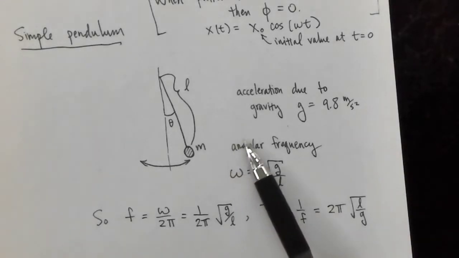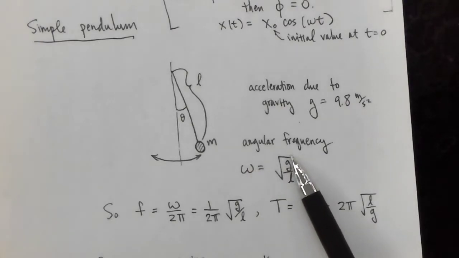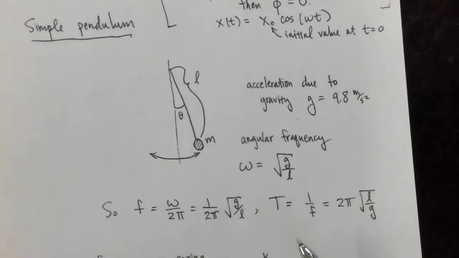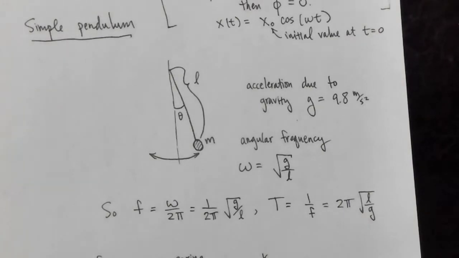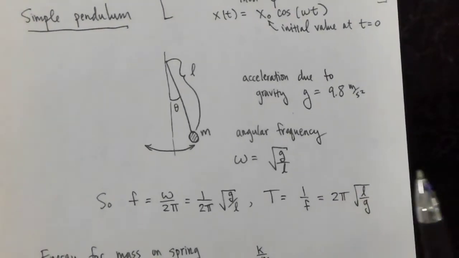The formula is that the angular frequency omega is equal to the square root of small g over L. So we could have a problem that combines simple harmonic motion with gravity. That would be kind of the problem with both topics. Because the g, small g, would change for different planets.